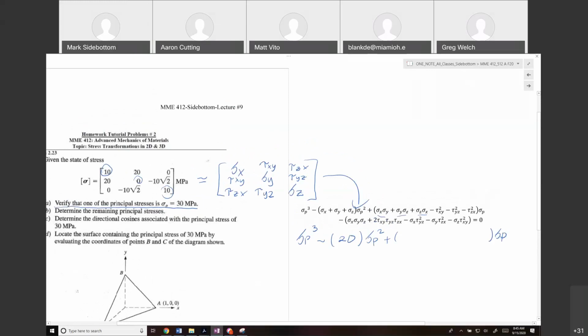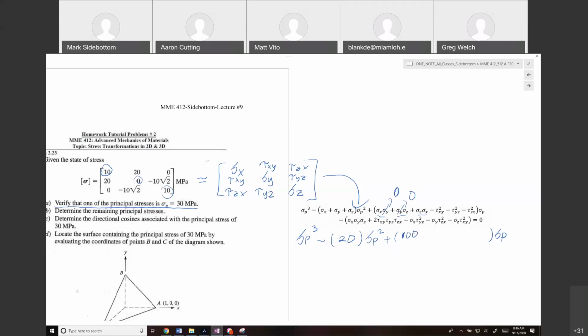If we plug in all those values, sigma y in this case is 0, so two of those terms are going to be 0. The only non-zero term is sigma z times sigma x, which is equal to 100. Then we have tau xy squared, tau yz squared, and tau zx squared.